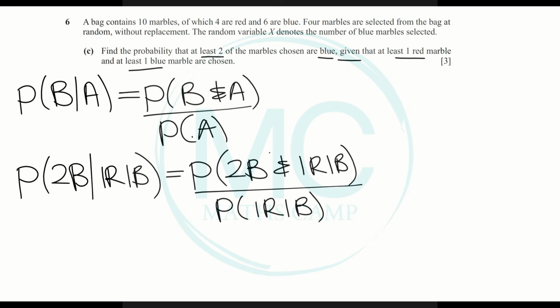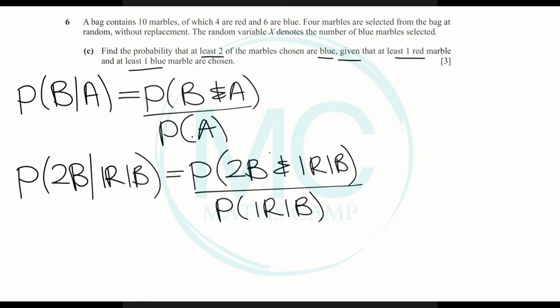When working with conditional probability, it is always a good idea to start with the value in the denominator of your fraction.